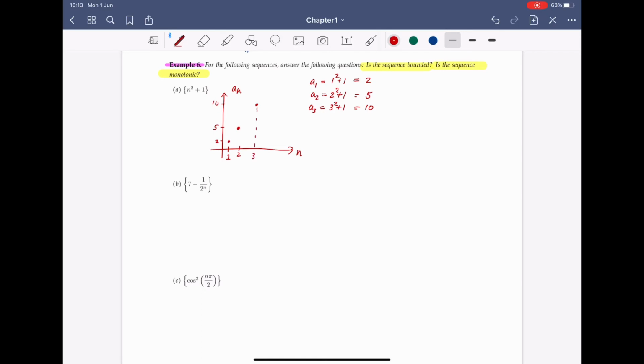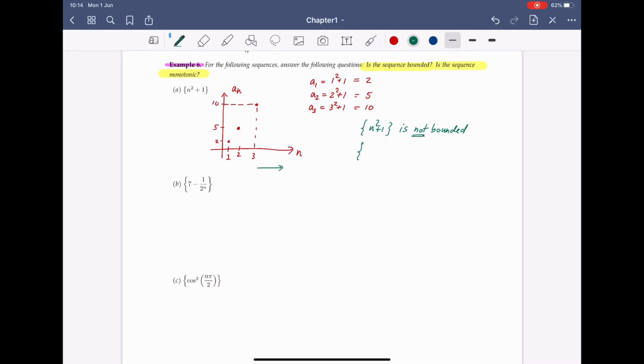From here, you can see that the sequence n squared plus 1 is not bounded, right? Because as n is getting bigger and bigger, an goes to infinity as well. So n squared plus 1 is not bounded, because if it were bounded, there must be some number m that keeps the value of the sequence below that point, but this is not bounded at all.